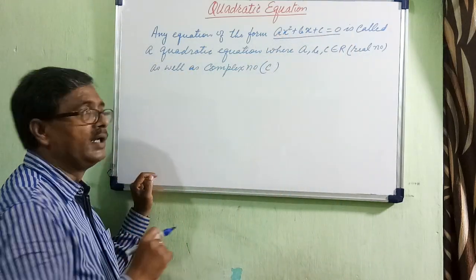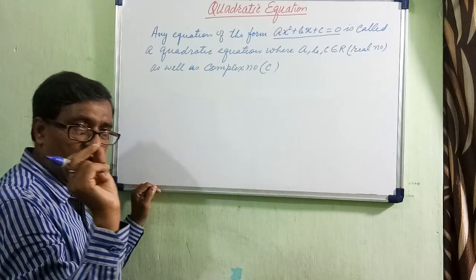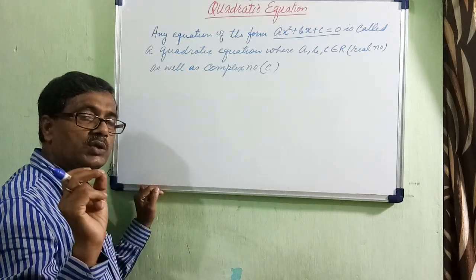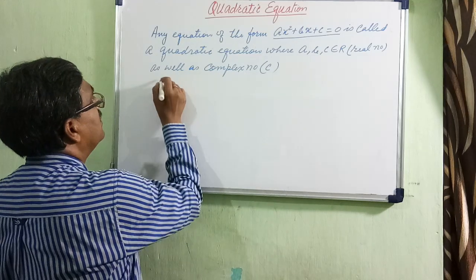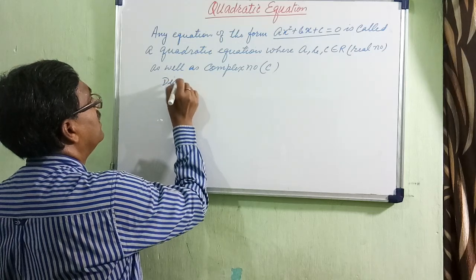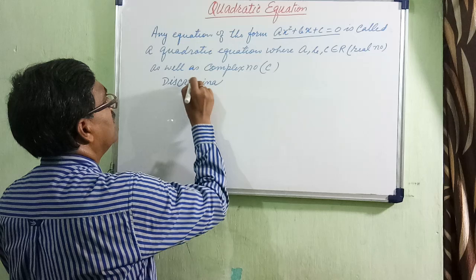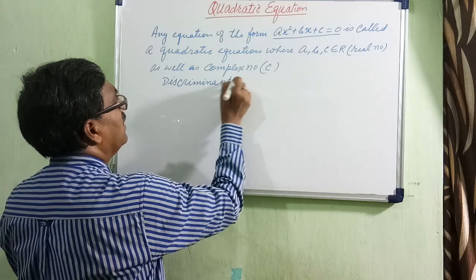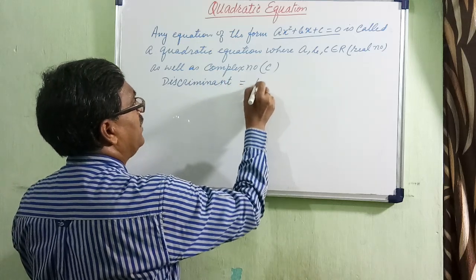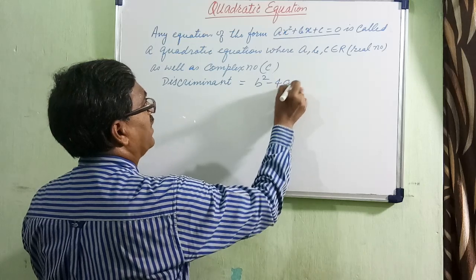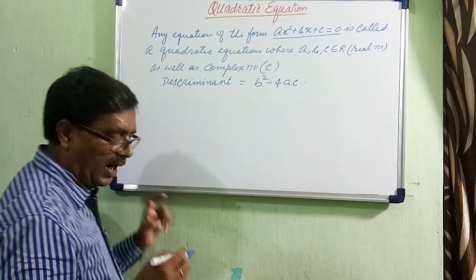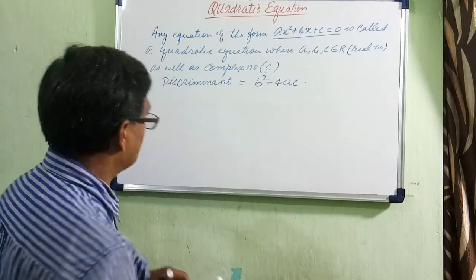You remember, this quadratic equation has one very important fact, that is your discriminant, D, which is equal to b square minus 4ac. So now I will discuss the nature of the roots.